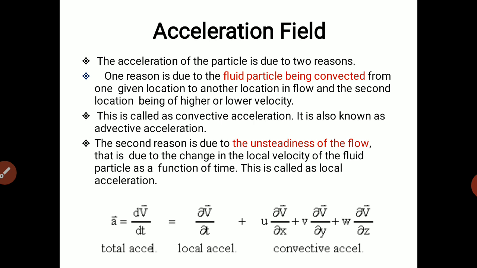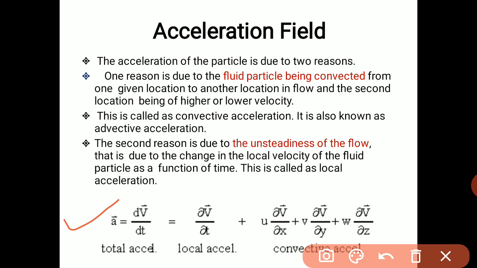This is called local acceleration. So basically, acceleration of a particle is due to two reasons: one is the motion from one location to another, or because of higher or lower velocity, and the second is the unsteadiness of the flow, that is, change in local velocity with respect to time.